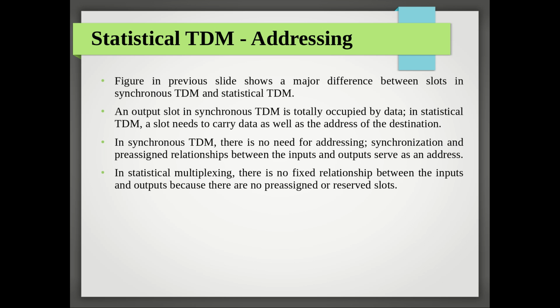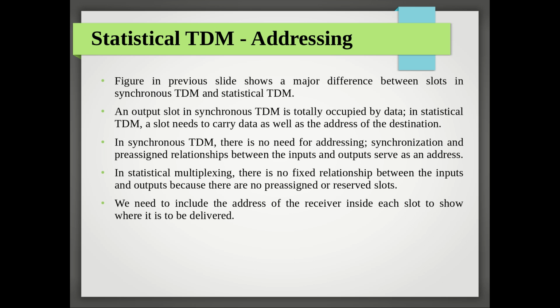But in statistical TDM there is no fixed relationship between the input and the output, because randomly we are taking data from the input line which is having data at that point. So you have to identify the source and destination address also along with the data, so that it is delivered properly. And there are no pre-assigned reserved slots, that concept is not here, because the idea is to eliminate that wastage of space by empty slots. So that is why we don't have that reserved slot concept.